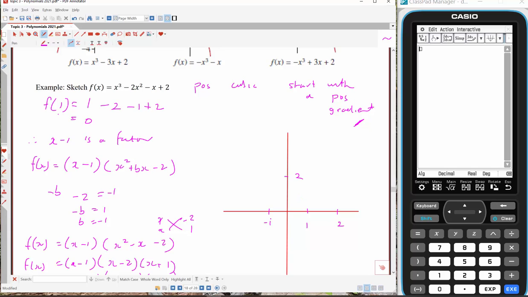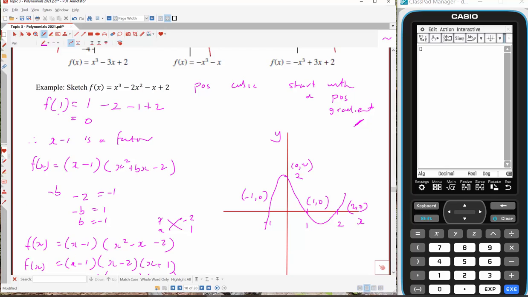So I'm just going to assume it turns beforehand. Right, so here it goes. Okay, not too bad. -1, 0, 1, 0, 2, 0, 0, 2, x-axis there, y-axis there.